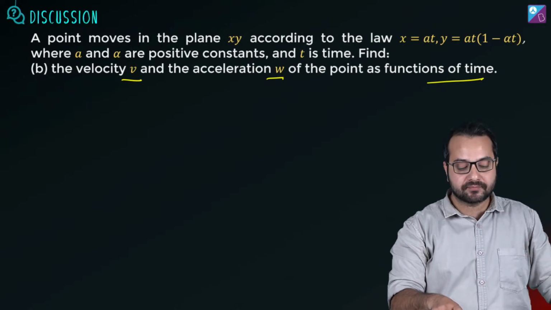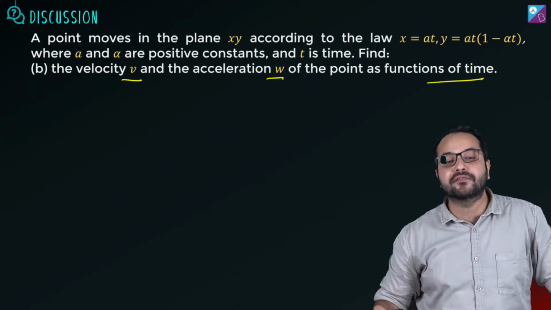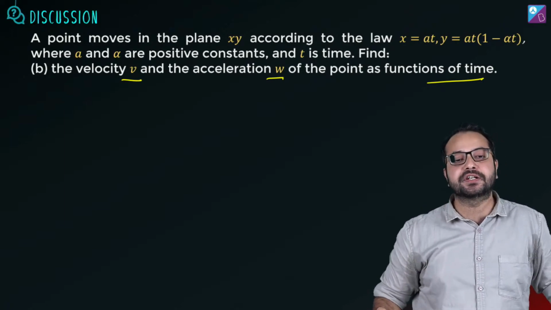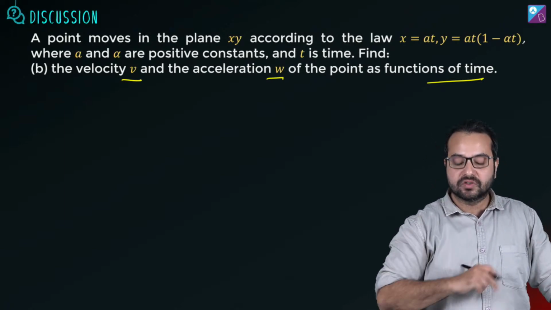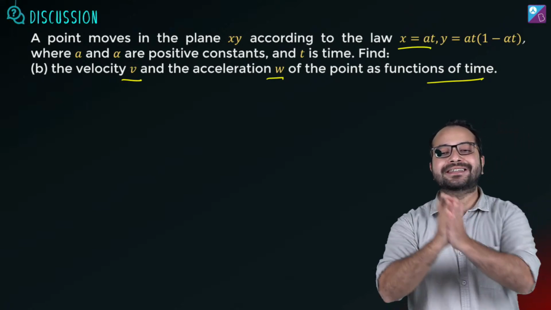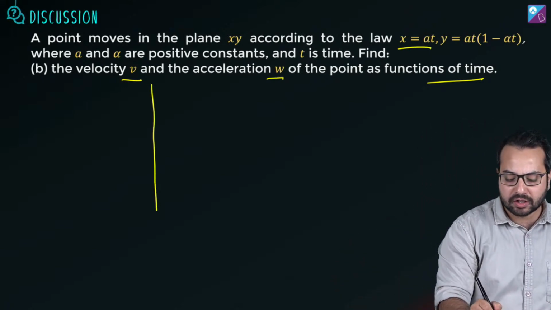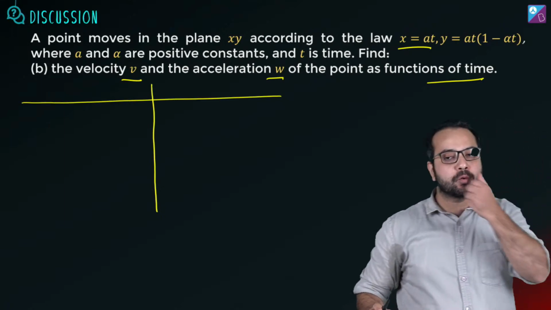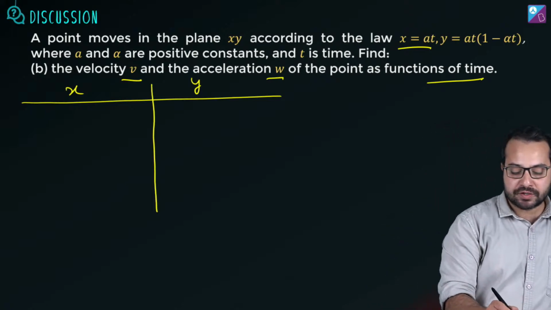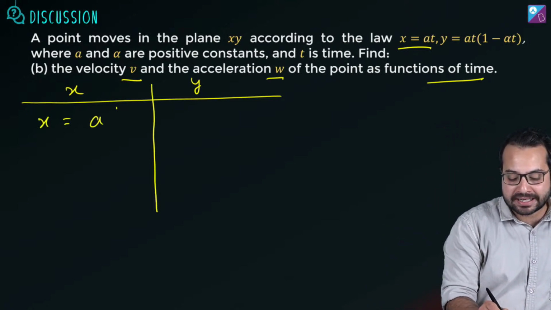Let's look at this. We need the velocity of the particle, meaning the magnitude of the velocity. How are we going to do it? Again, break the motion into x and y components. In x motion, we have x is equal to at.